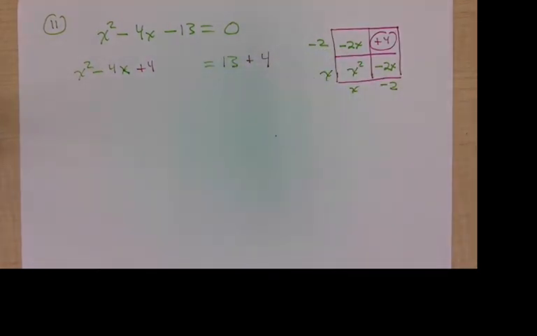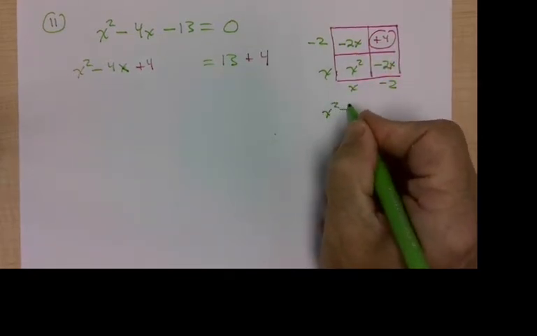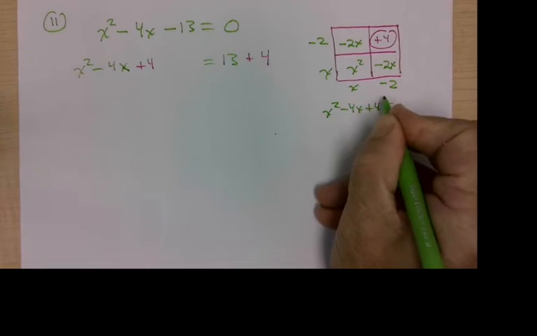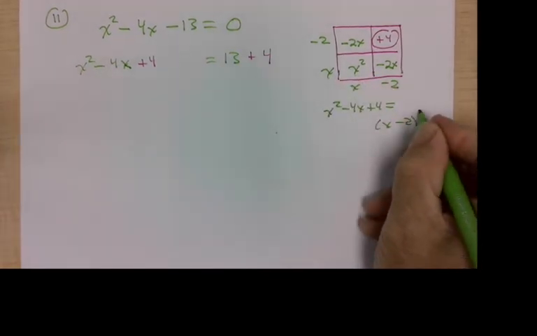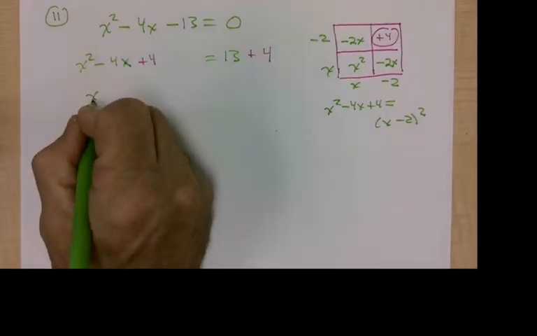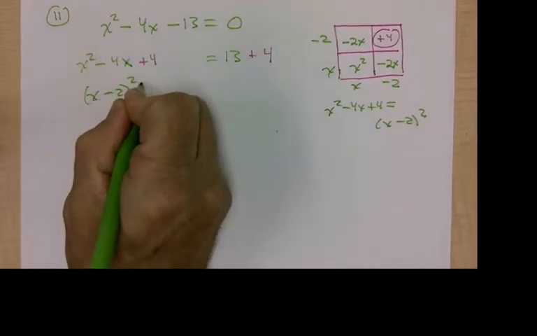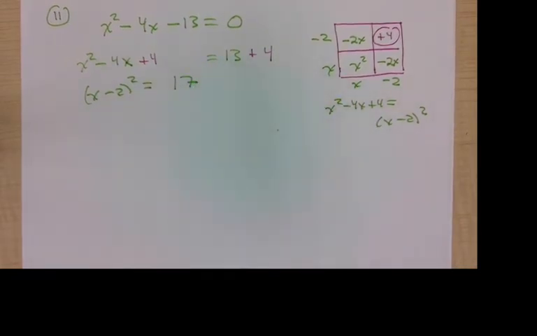So what I have with this box is x squared minus 4x plus 4 equals x minus 2 times x minus 2, or x minus 2 squared. So the left-hand side here is x minus 2 squared. The right-hand side is 13 plus 4, which is 17.